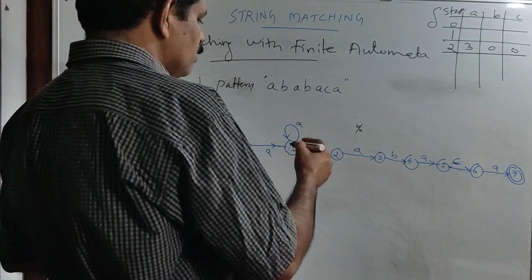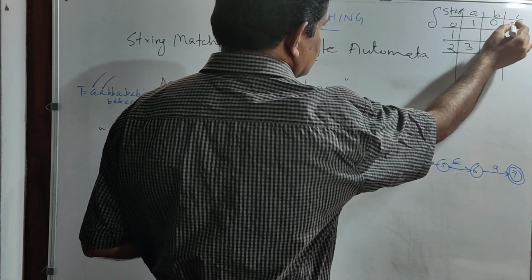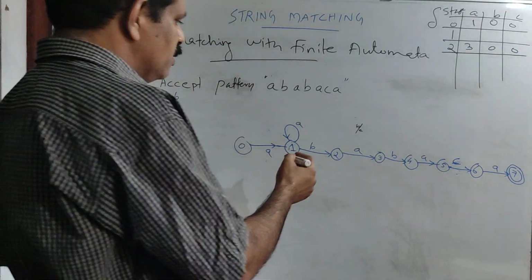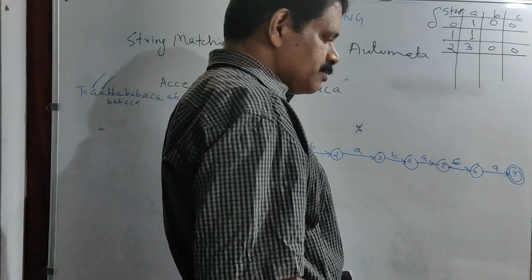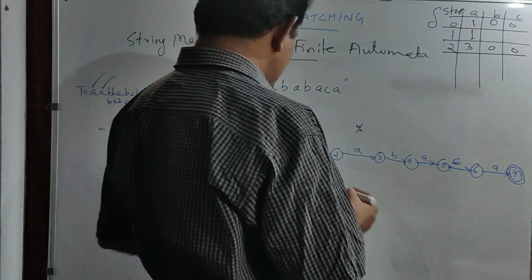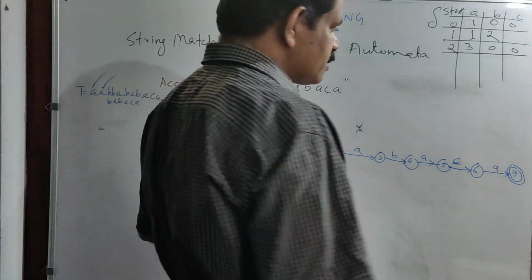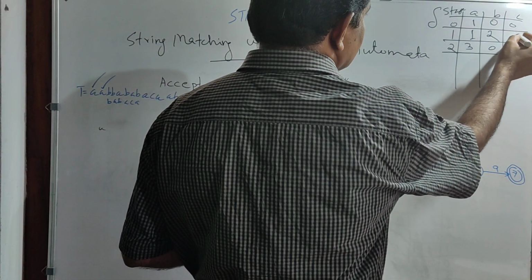What about 0? On getting an A, it has to go to 1, otherwise it will remain in the same state. Then what about 1? On getting an A, it should remain in the same state. On getting a B, it has to move to state 2, and on getting a C, it has to move back to the initial state.